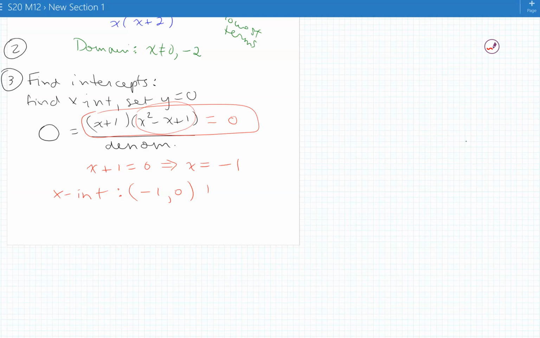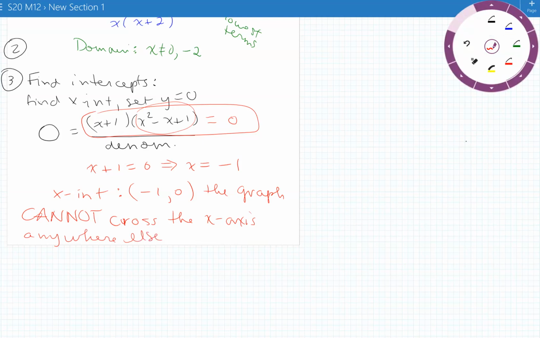And then we also know the graph cannot cross the x-axis anywhere else, or we would have found it doing this math.